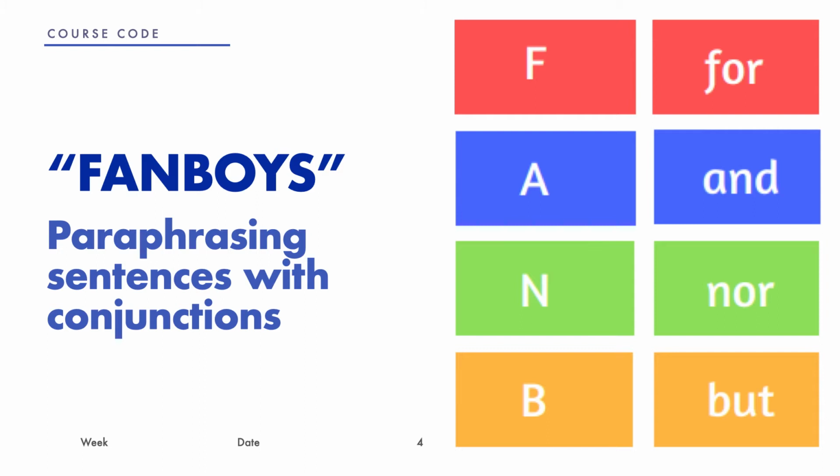If you take the first letter of each conjunction, for example, you have for, F, and, A, nor, N, but, B, or, O, yet, Y, and so, S. All these letters form an acronym called FANBOYS. So in this lesson, we're going to learn how to paraphrase sentences with conjunctions linking sentences.